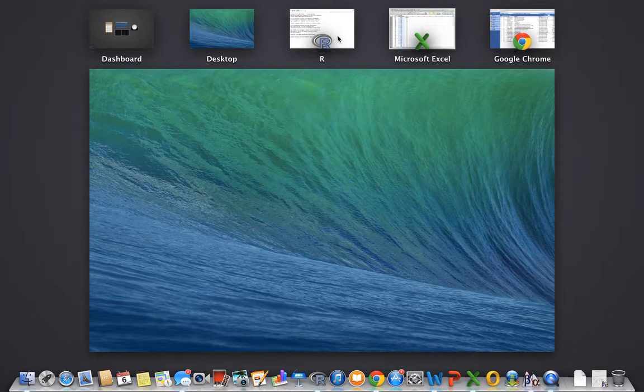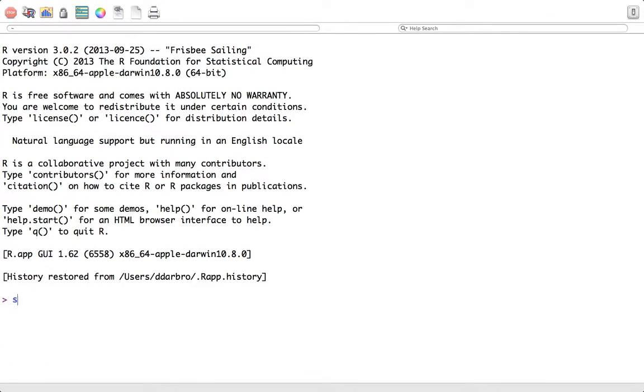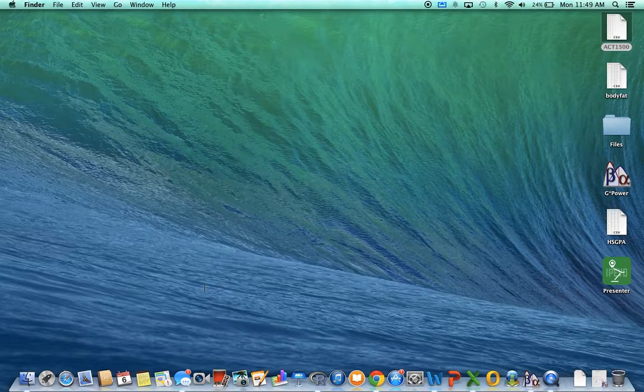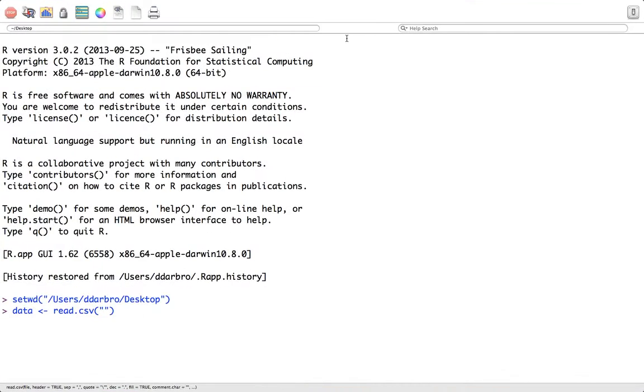So gang, first thing we want to do here, obviously I should have already had this done, but bear with me, it doesn't take long. I want to import my data. I forgot what I called it. ACT 1500, okay.